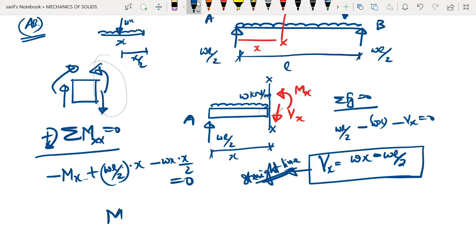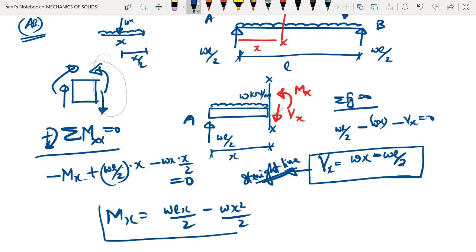If you rewrite the equation, we'll get Mx is equal to wLx by 2 minus wx square by 2. This will be the expression for the bending moment. Again, if you look, the bending moment is having a quadratic variation.